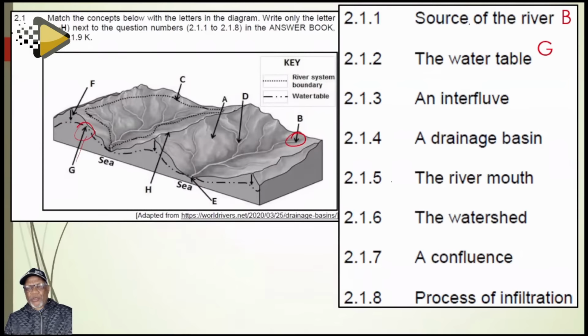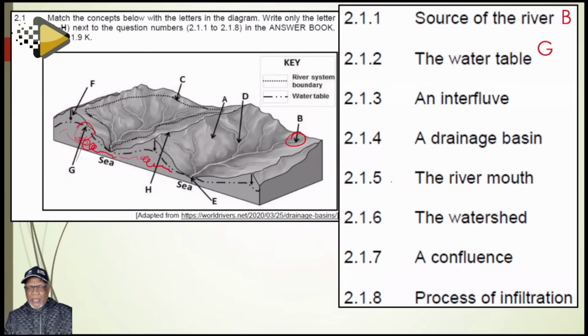Let's start first with source. Source of the river is where the river originates. Water table is the top surface of groundwater, which means here we have water under the ground. What do you call the water under the ground? We call it groundwater. And what is the upper limit of this water under the ground? We call it water table.